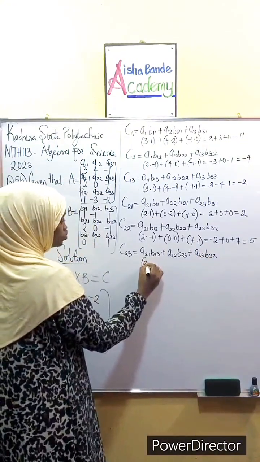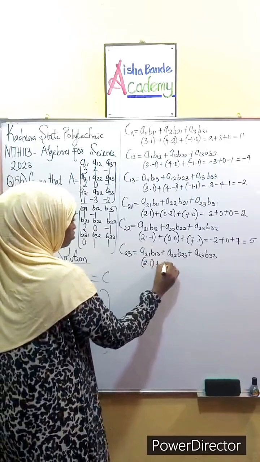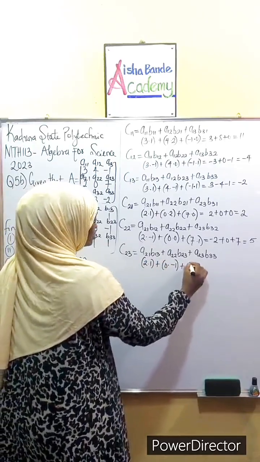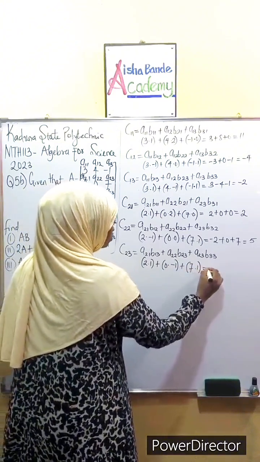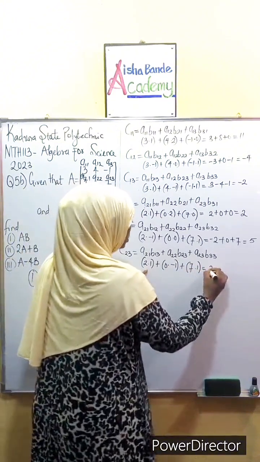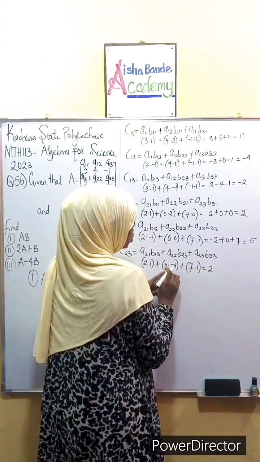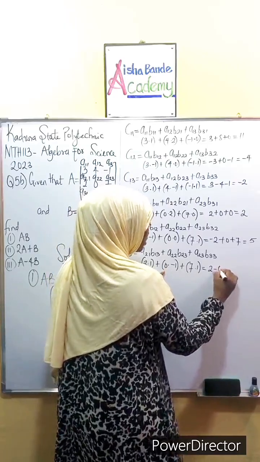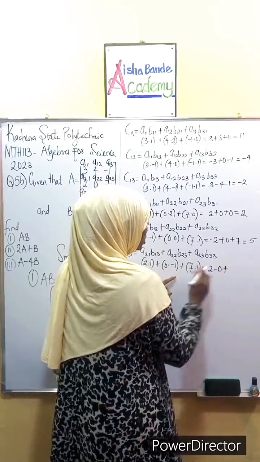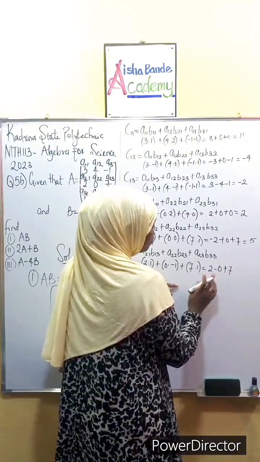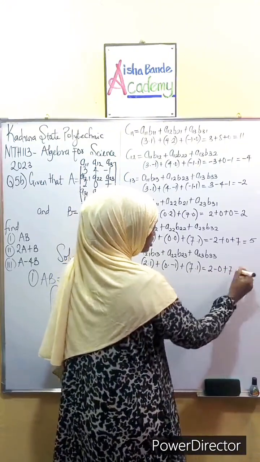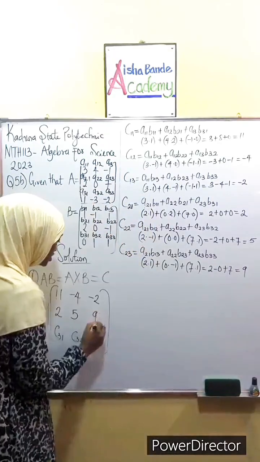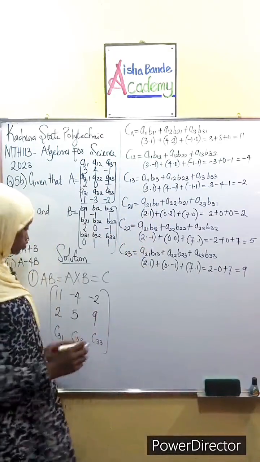So here is going to be 2 multiplied by 1 plus 0 multiplied by minus 1 plus 7 multiplied by 1. So simplifying, we have 2 times 1 here is 2. Then here is 0 times minus 1 is 0. So plus 7 times 1 is 7. So we have 2 minus 0 is still 2. 2 plus 7 here is equal to 9. That means C23 is equal to 9. Moving on to the last row.